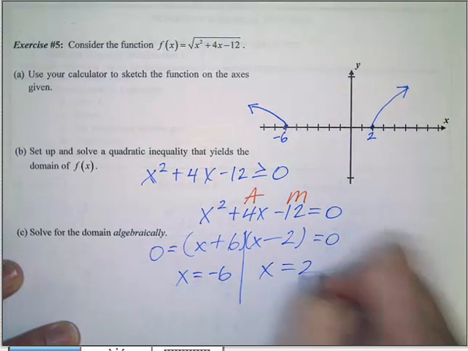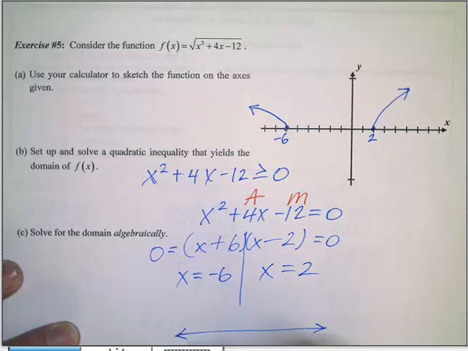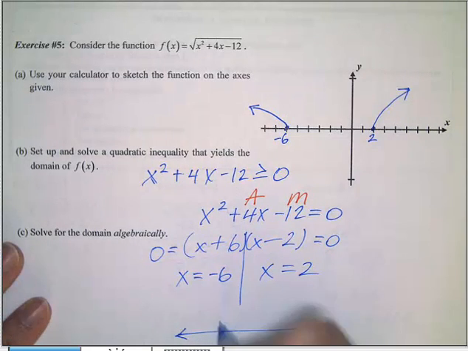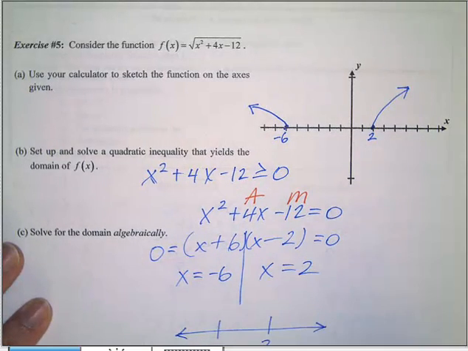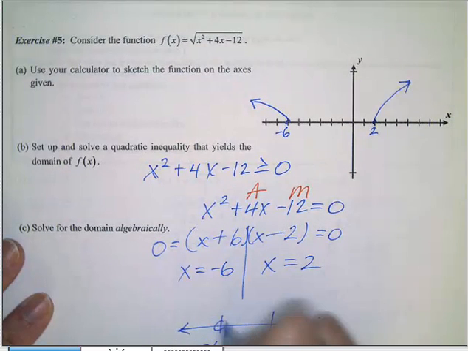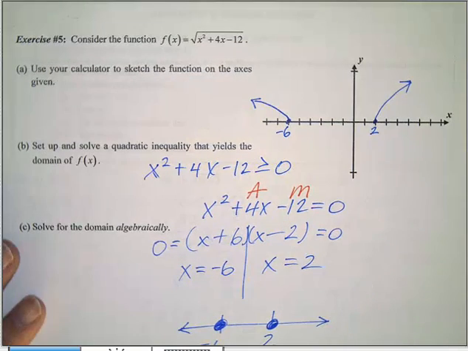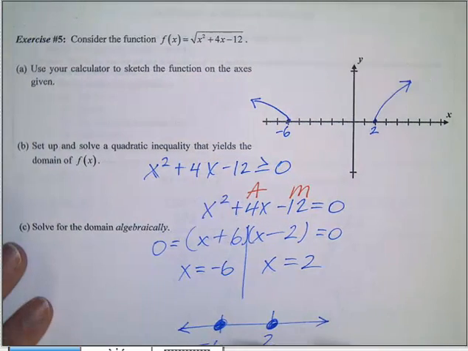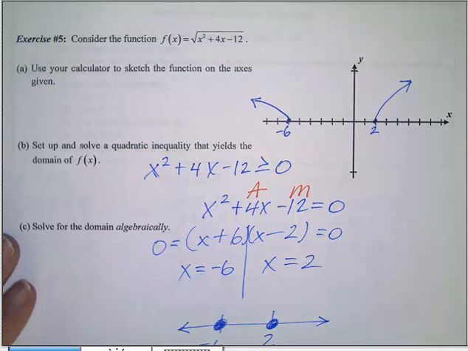And again, this is a quadratic, so we take our critical points and we put them on the number line. Because it's equal to, we know they are shaded in, included. We're going to pick 3 values, one in each section of the number line, to test. So I'm going to test negative 7, I'm going to test 0, and I'm going to test 4.